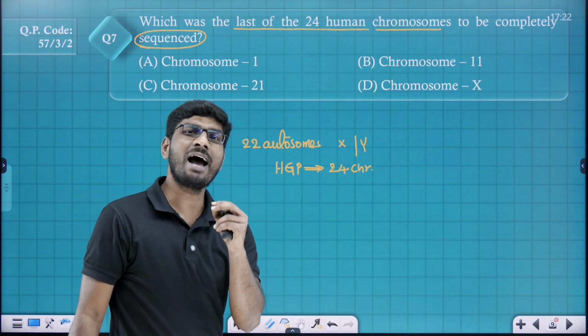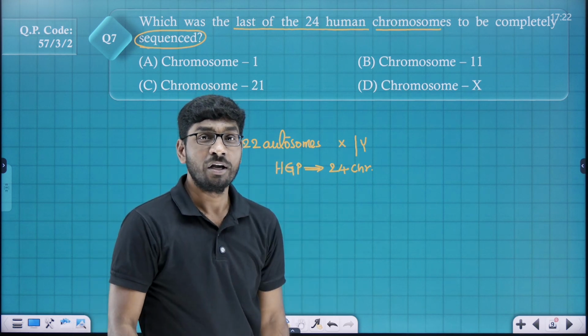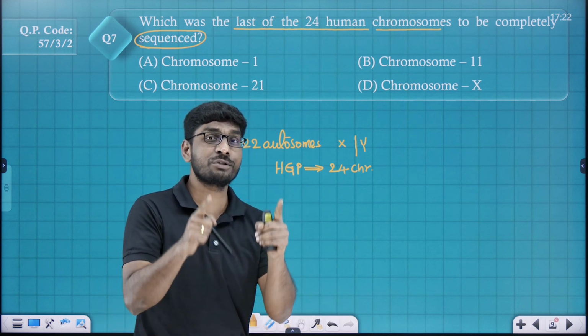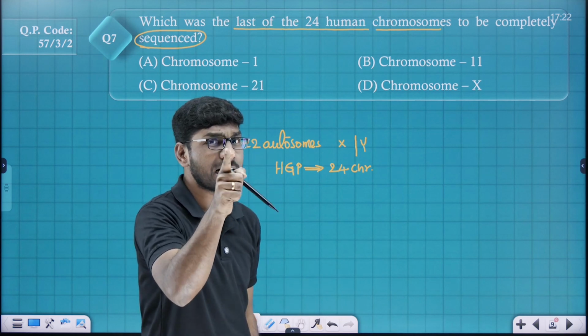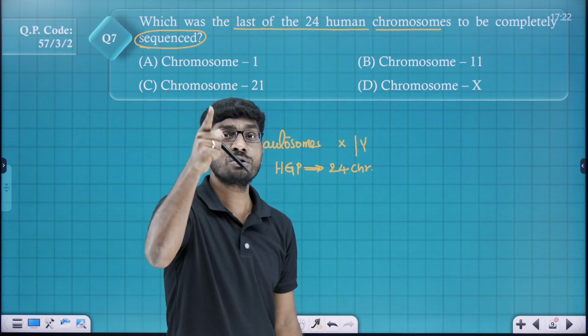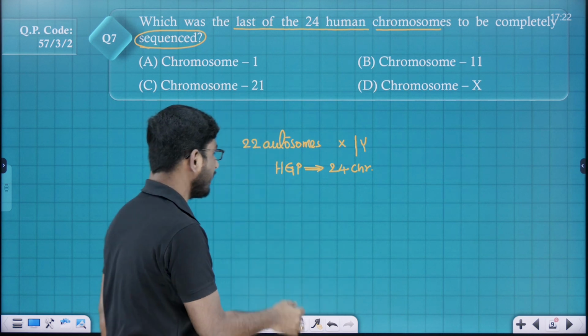You know, the last chromosome was chromosome number 1. If you are able to recall the salient features of HGP, the Human Genome Project, I think if I am not wrong, the second last point: chromosome number 1 has a large number of genes.